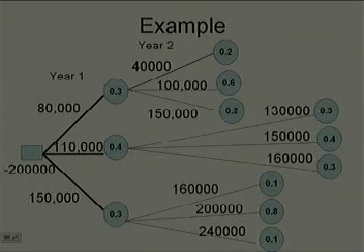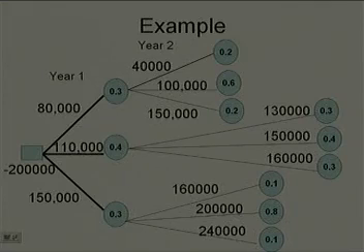What is the probability that in year 1 I am receiving a return of 80,000 and a return of 40,000 in year 2? This is my problem statement. I am taking the first path, 80,000 in year 1 and 40,000 in year 2.